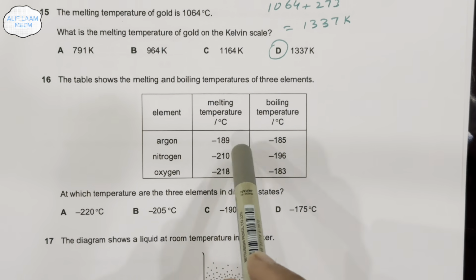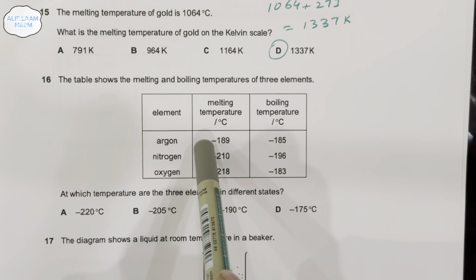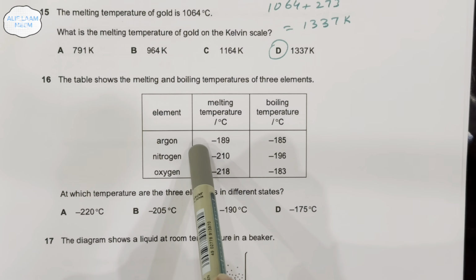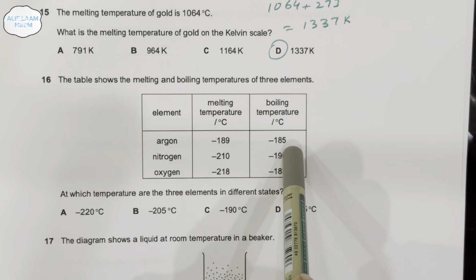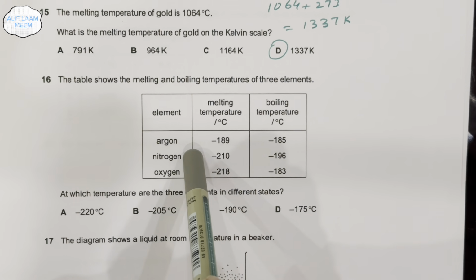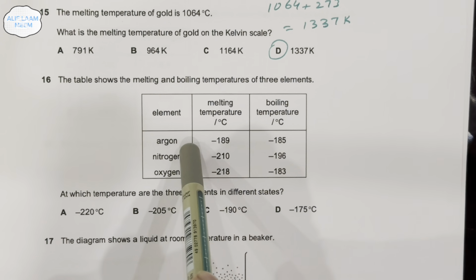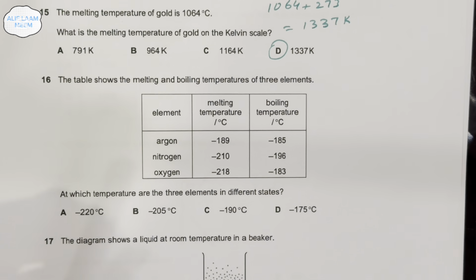So you need to carefully understand this concept. Below the melting point, the object will always be in the solid state, and above the boiling temperature, the object will always be a gas.